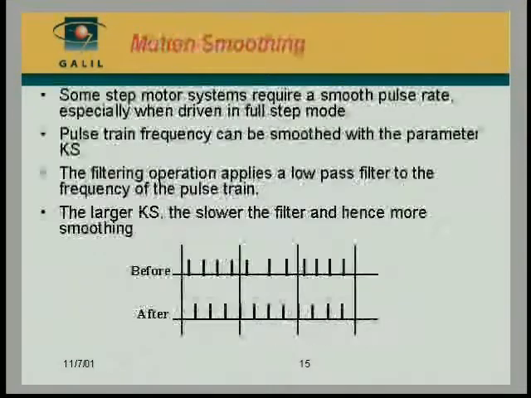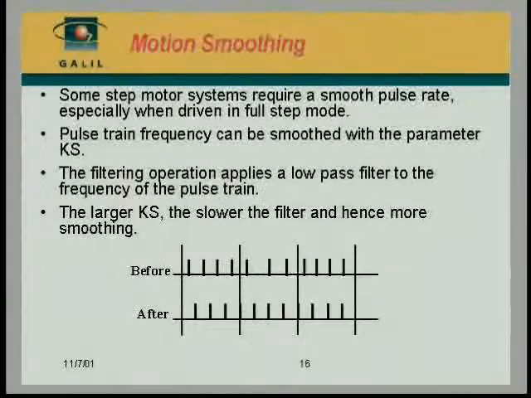Another function you may want to consider with the Galil controller is a smoothing function. When a digital controller generates pulses, you may end up with pulses that are not spaced uniformly. In the before diagram, we exaggerated that, but it indicates the situation.